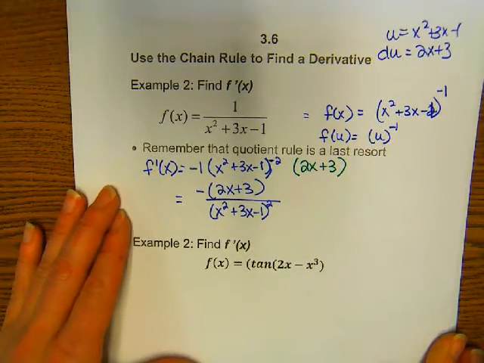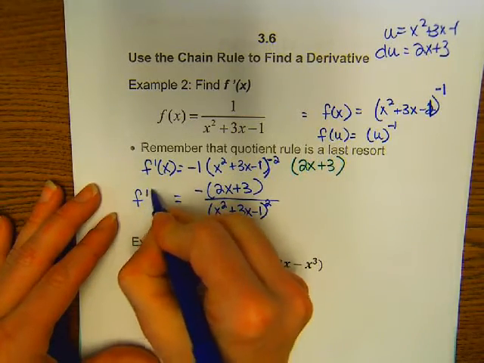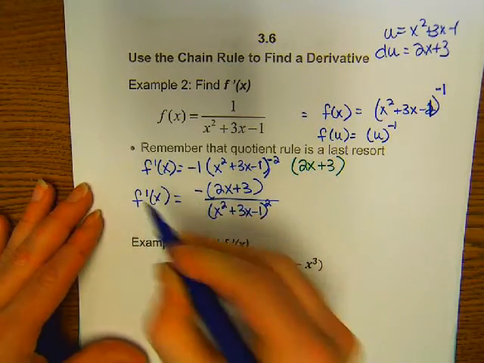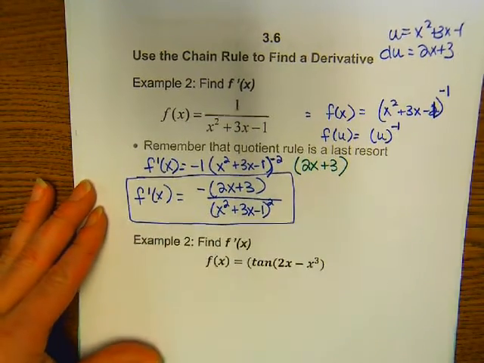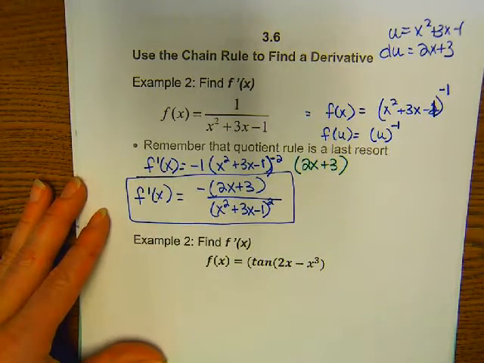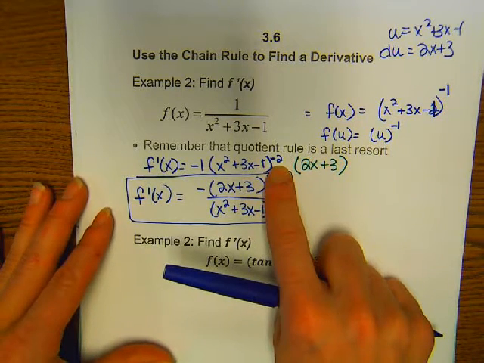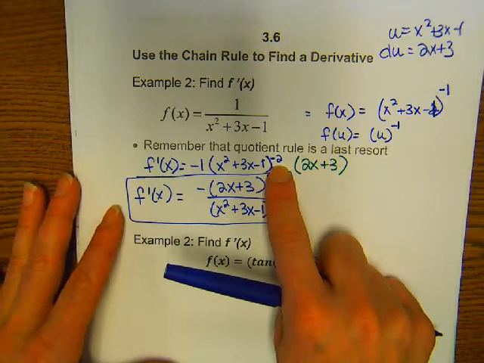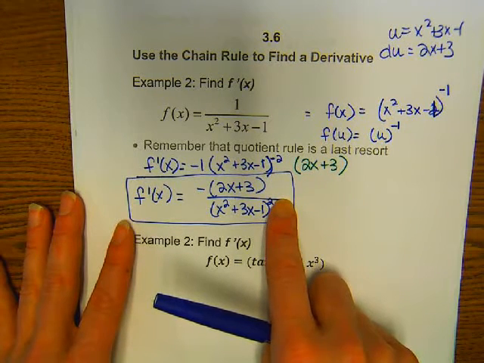Just rewriting it back as a fraction again. Make sure that we're not leaving that as a negative power. If we can, we're going to want to rewrite it back this way. Okay?